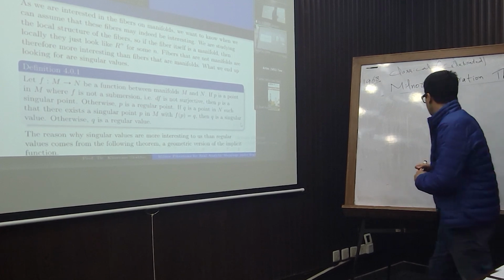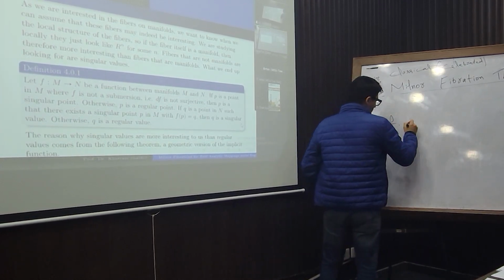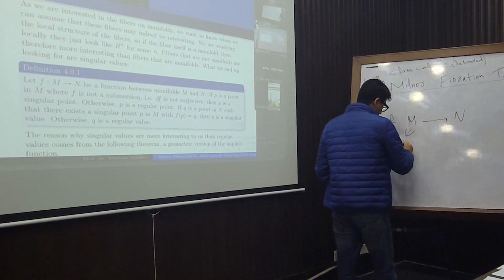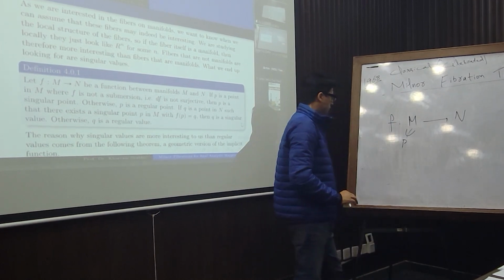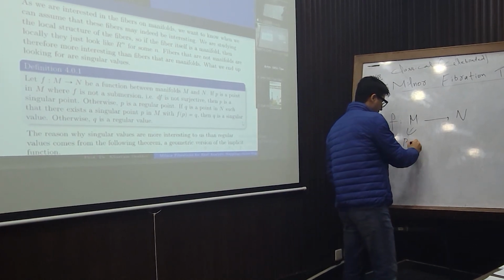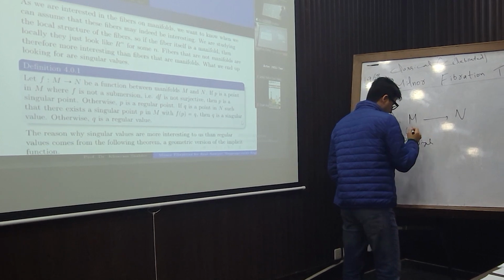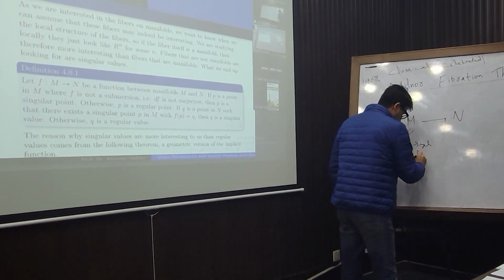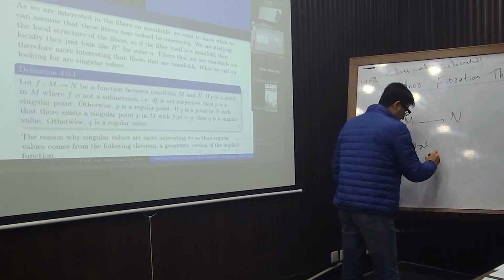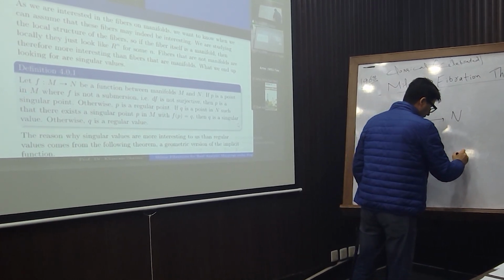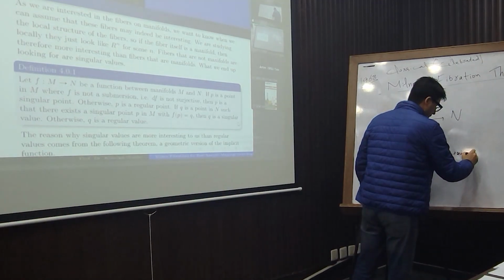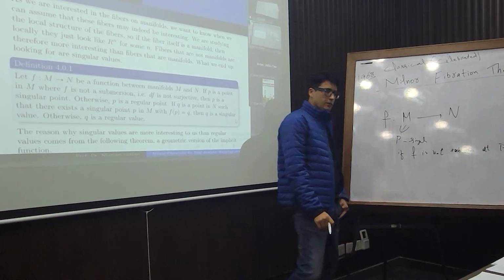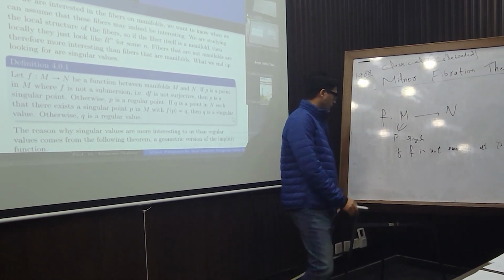And of course, since f is a map from M to N, and we are taking the point P here, this point P is singular if it is not a submersion, if the function f is not submerging at the point P, right?